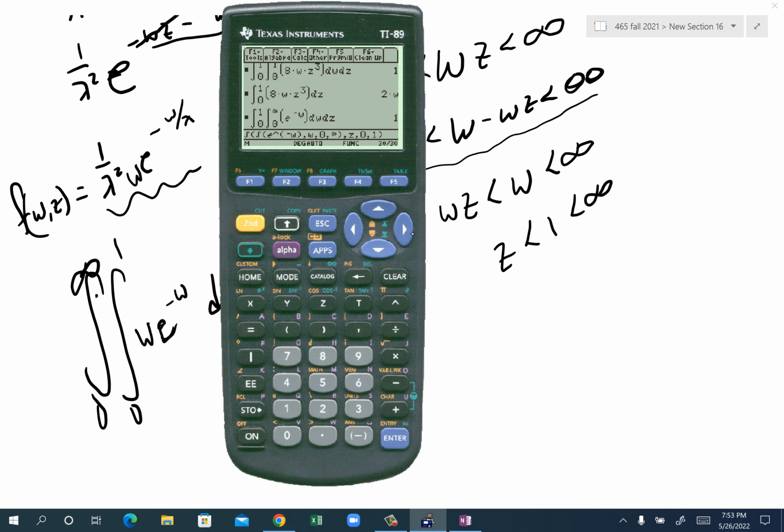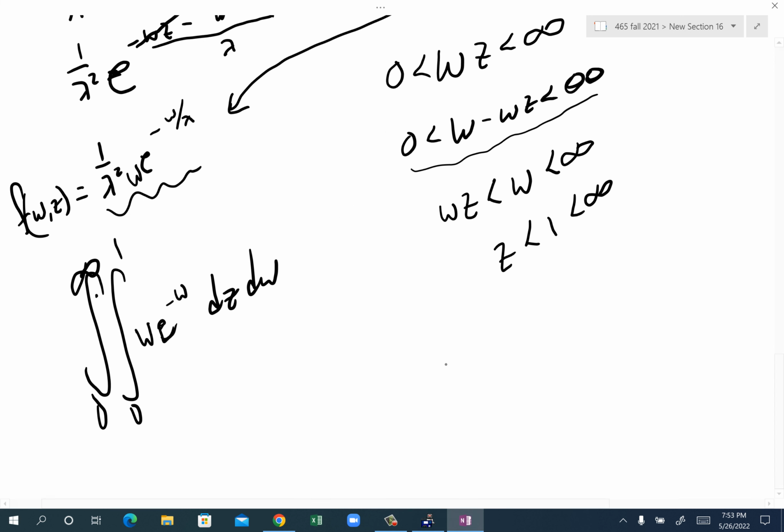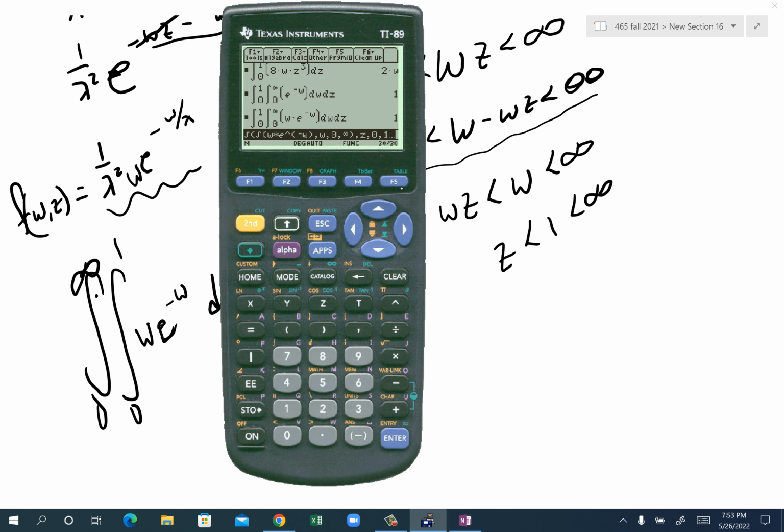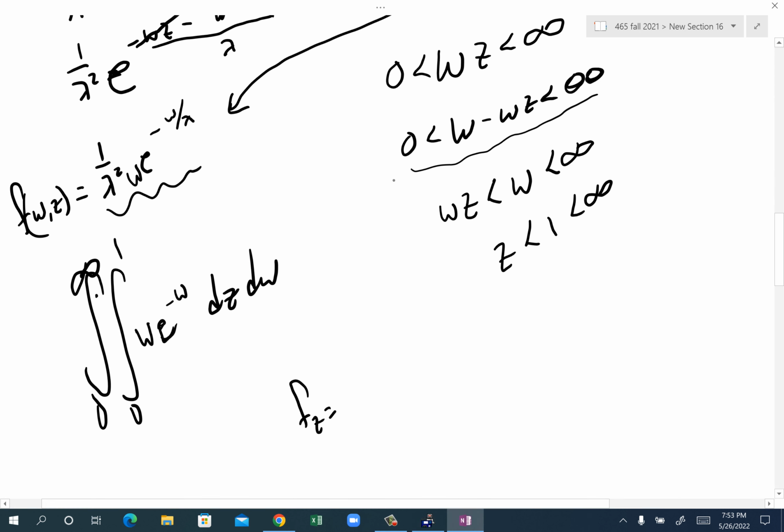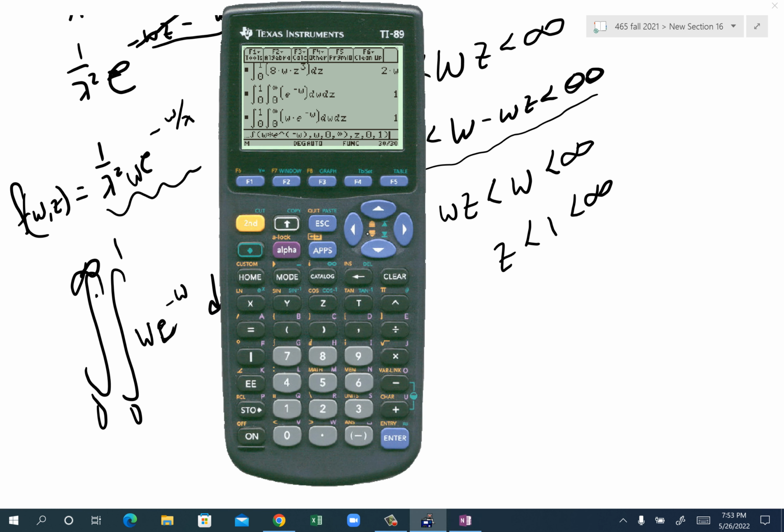Wait, you forgot to put your W right there. Yay, it works! And then, of course, if you want your marginal of W, let's integrate with respect to Z. So I'm just going to do Z only.